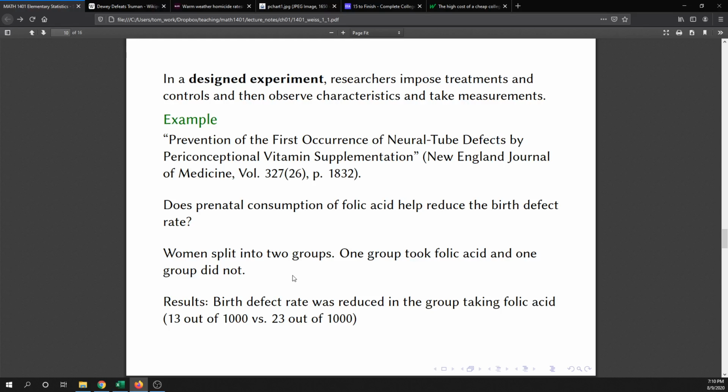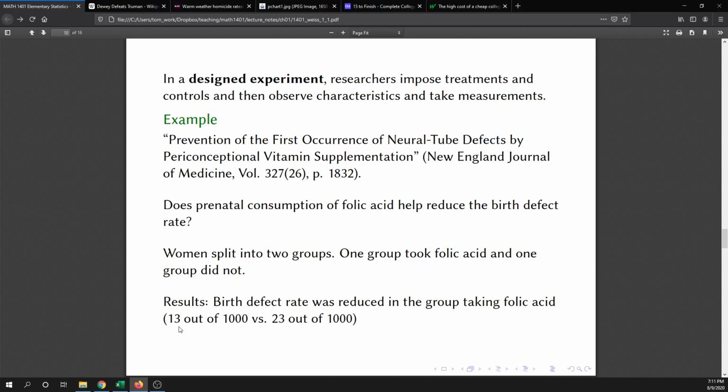In the previous examples, researchers just observed; they didn't impose any different treatment on the men. But here they took the women that were involved in the study, split them into two groups, and gave one group folic acid and the other group no folic acid. And the results here were that the birth defect rate was reduced in the group taking folic acid.